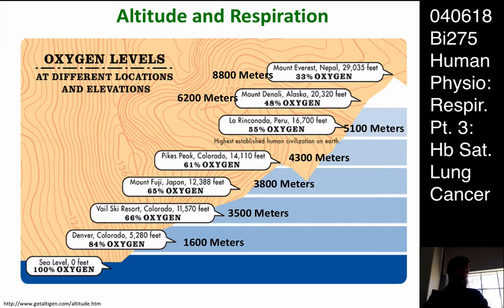If you think about that, 5,000 meters is 5 kilometers. That's like 3.2 miles above sea level. Right? It's really high. Those few rare people that make it up to Mount Everest have very, very real problems with oxygen saturation at those elevations.